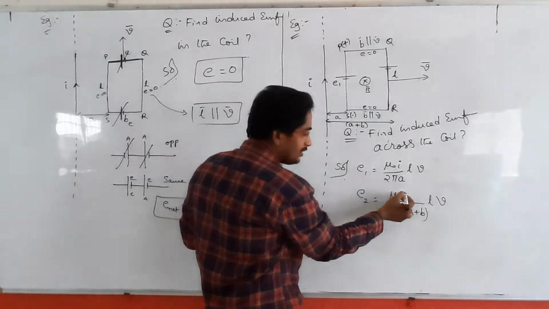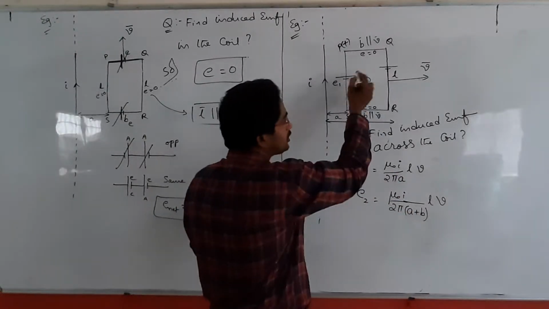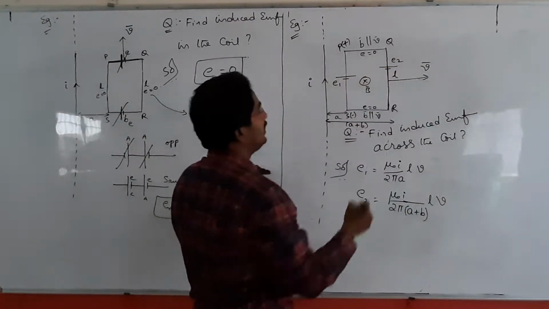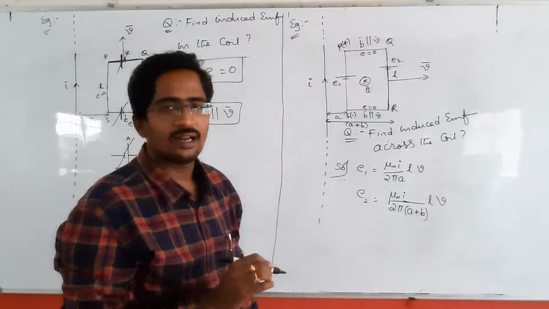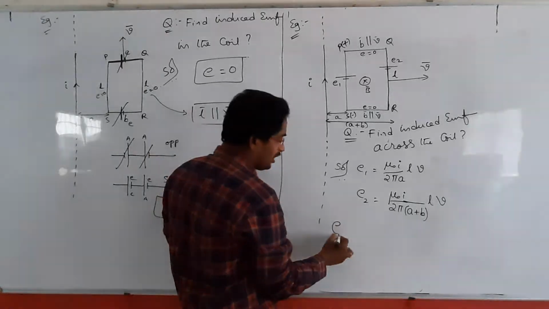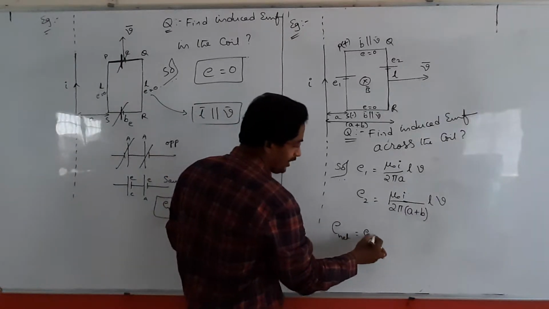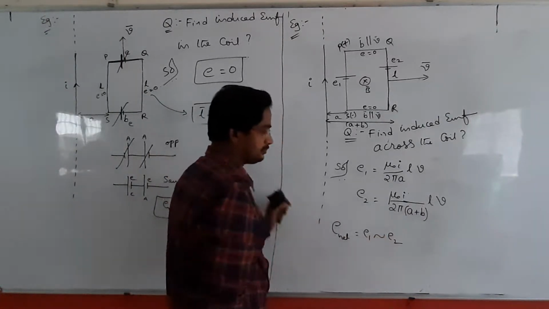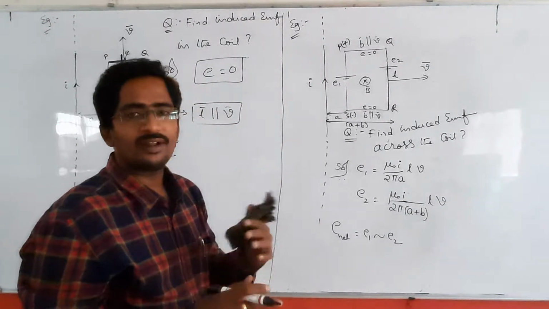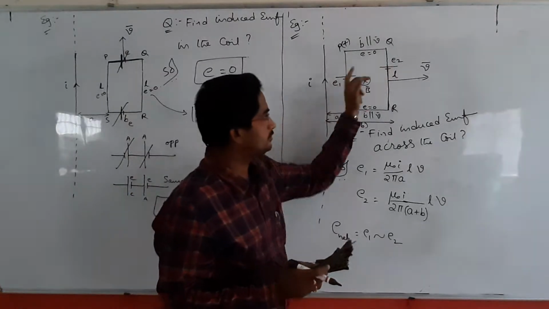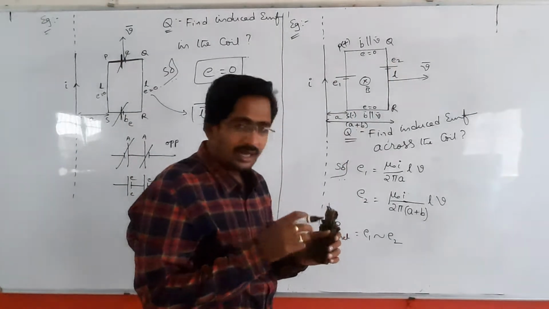Now, what about the net EMF? Because both are in opposite direction. E1 and E2 both are in opposite direction. By that, net EMF equal to what? E1 minus E2. When both are in opposite direction, net EMF value equals the difference when they are unequal.